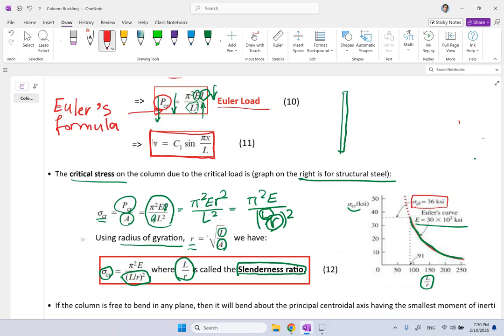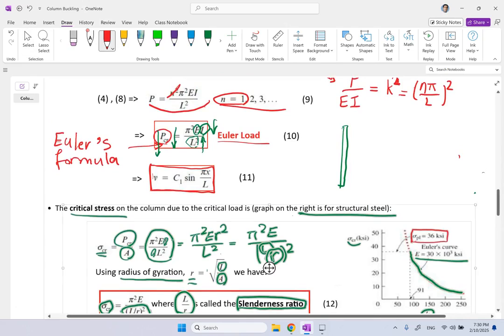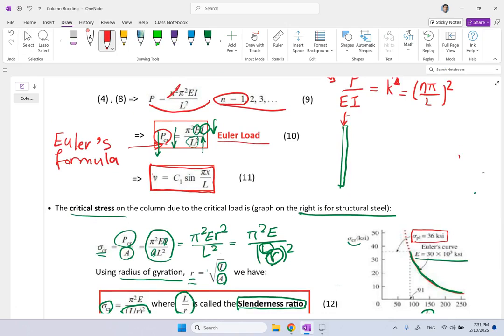So what does that mean? When I'm putting a compressive load on a column, which mode of failure do I expect it to show? Would it go through buckling, or would it simply fail under maximum sigma?